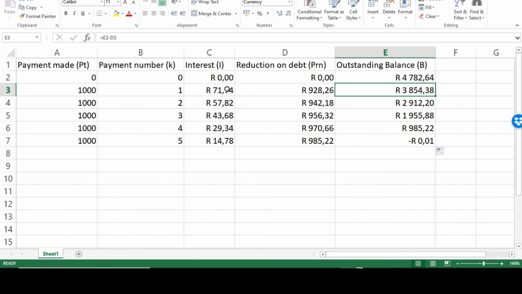And therefore, if the interest portion of the payment of 1,000 rands decreases, then the reduction on your debt, the principal part, should increase. Okay, and then this very last one, you can see it's minus 0.01. That's just rounding off, and that should actually then be just 0. In other words, that you have paid back your loan.